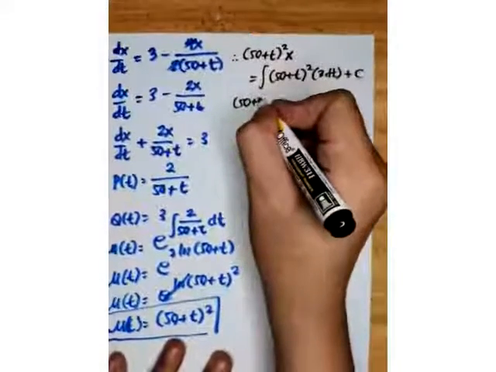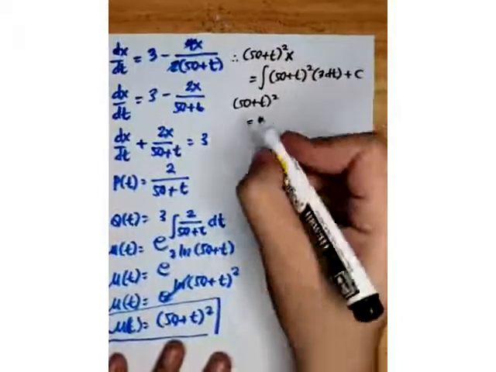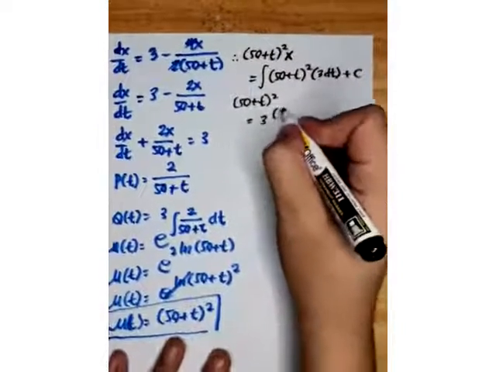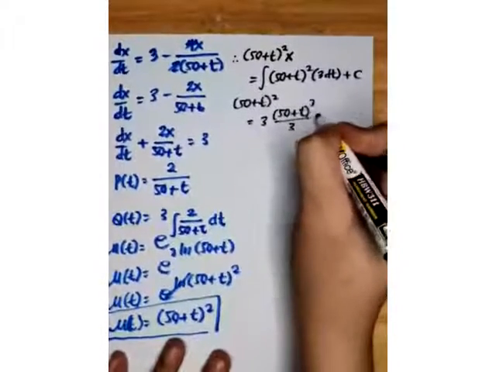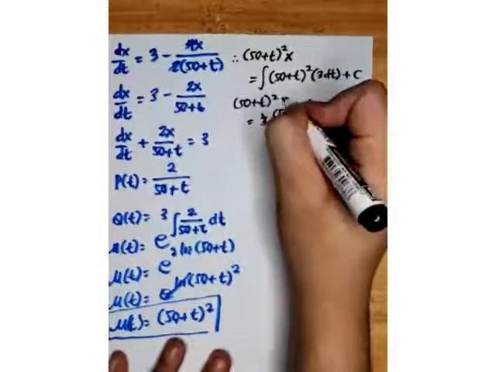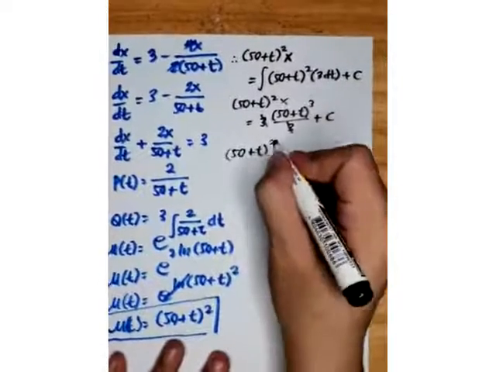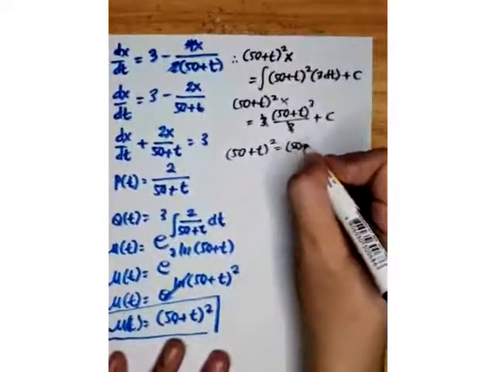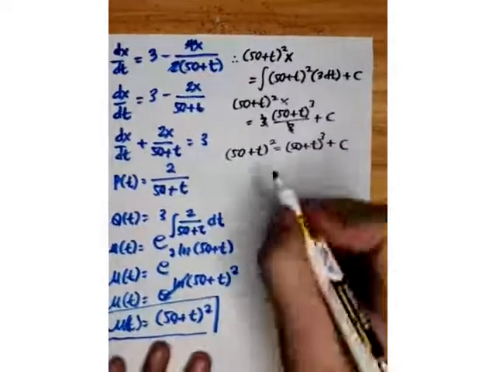So this one is again a power formula. So that's 3 times 50 plus t cubed over 3 plus c. So cancel. So that will be 50 plus t squared times x is equal to 50 plus t cubed plus c.